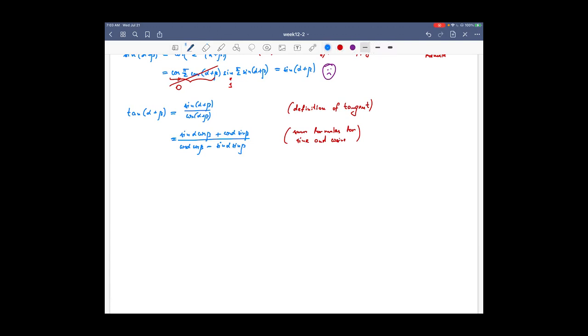So if we divide each term by cosine alpha cosine beta, we need to, of course, assume that they're not zero.